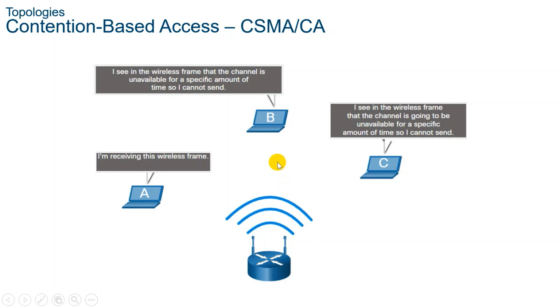On this figure here, host A is receiving a wireless frame from the access point. Hosts B and C will also see the frame and how long the medium will be unavailable. After a wireless device sends an 802.11 frame, the receiver returns an acknowledgement so that the sender knows the frame arrived.